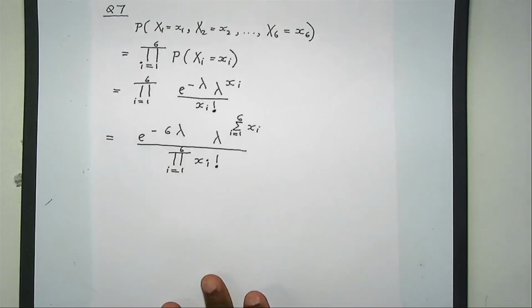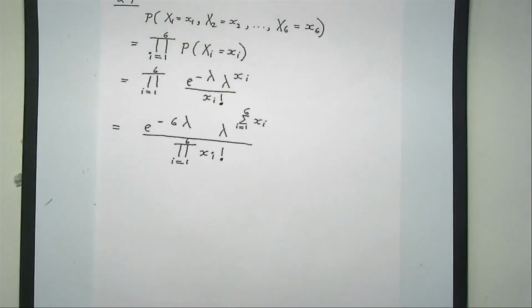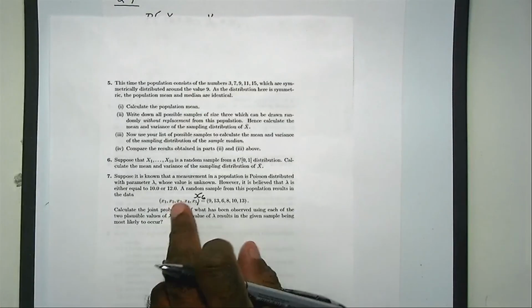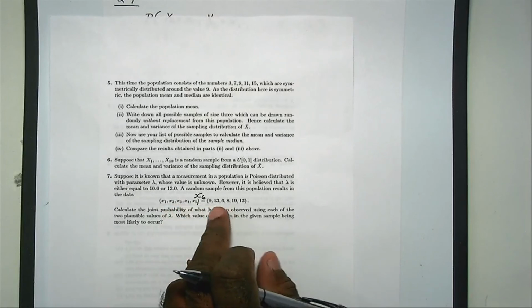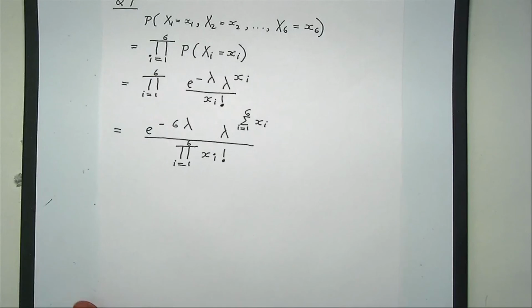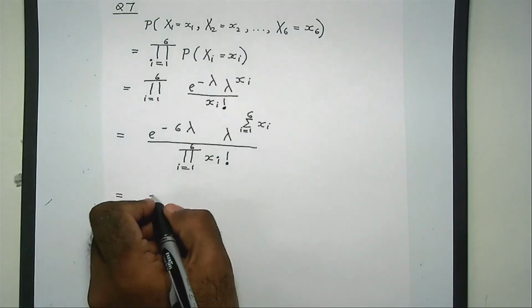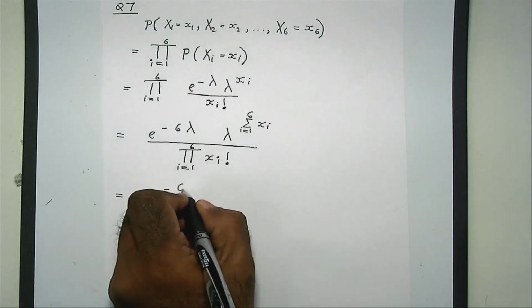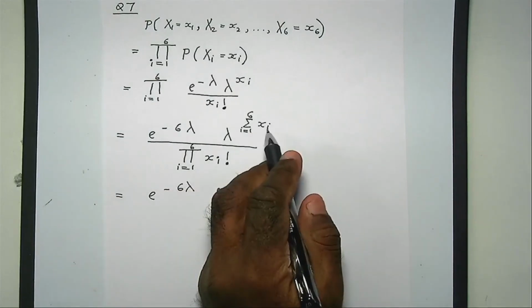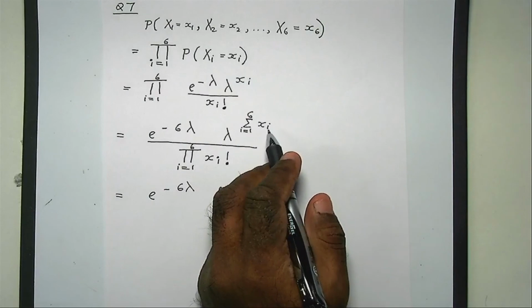Now, for the given values for x in the question, you are told that x1 to x6 are equal to these numbers here, so you should sum them. The sum of the given values of xi is 59.